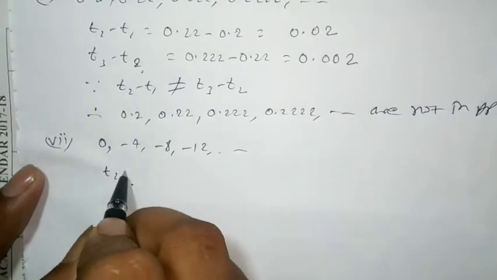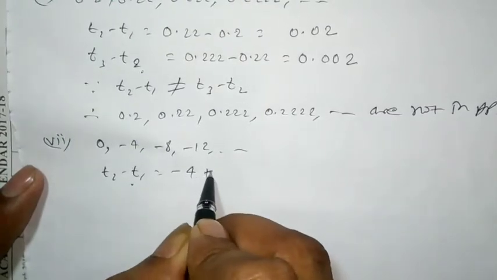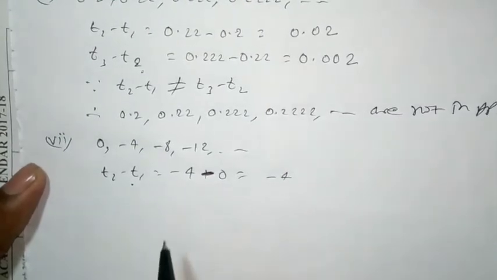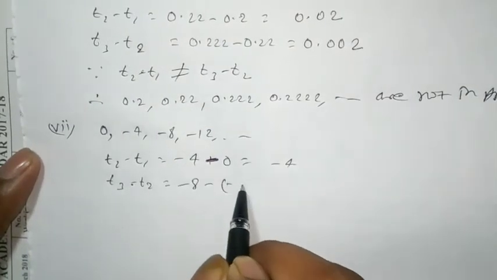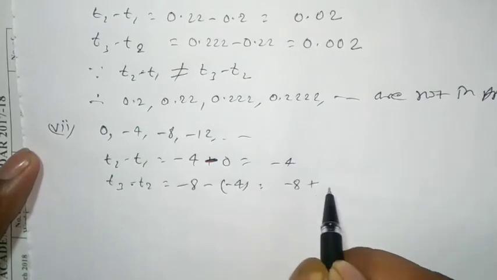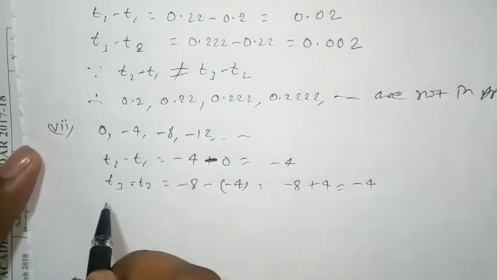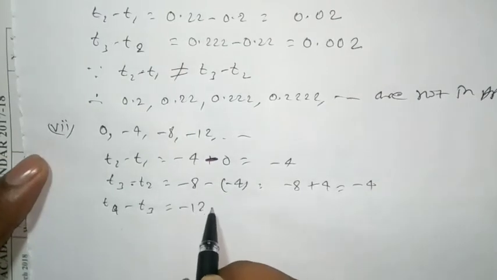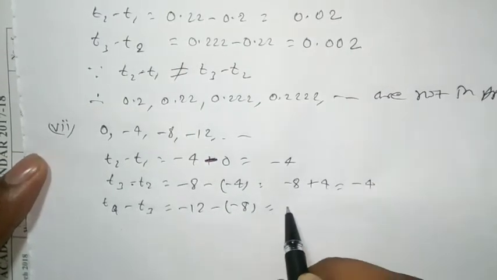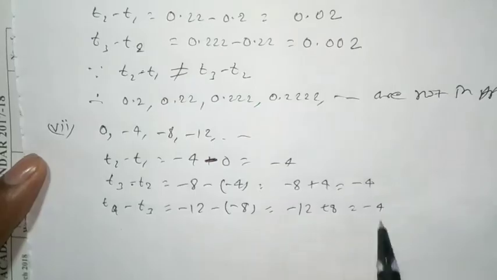Now T2 minus T1 is equal to minus 4 minus 0, equal to minus 4. T3 minus T2 is equal to minus 8 minus minus 4, equal to minus 8 plus 4, equal to minus 4. T4 minus T3 is equal to minus 12 minus minus 8, equal to minus 12 plus 8, equal to minus 4.